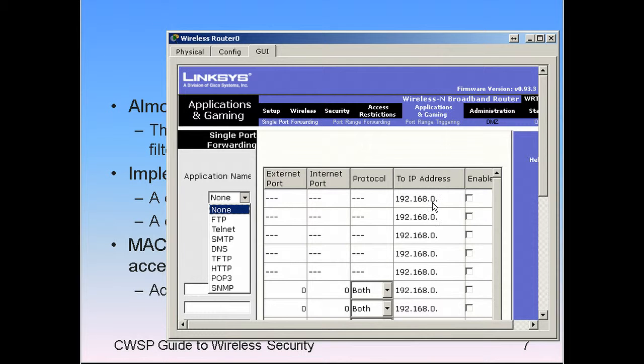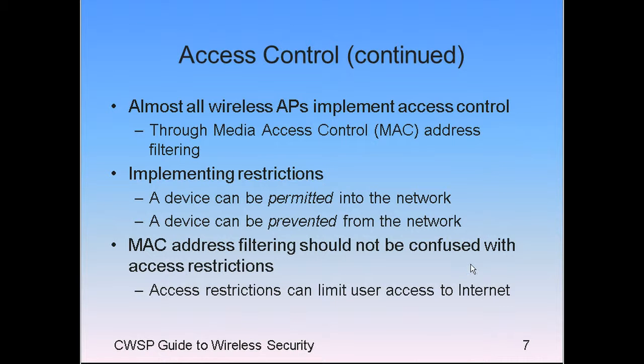It says to IP address, extranet port, internet port, the protocol, and then we enable what goes on to a particular IP address. So we do have some ability to control what users can and cannot do from our router.